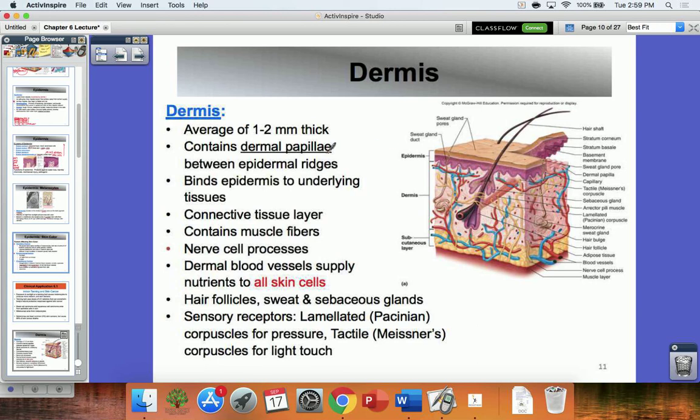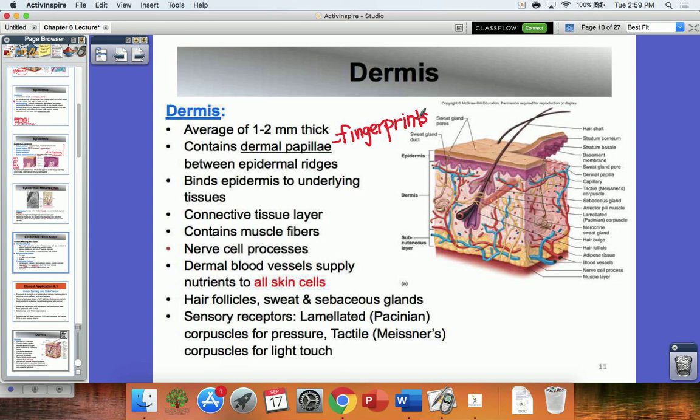Dermal papillae are the projections of the top of the dermis, and they're also going to be responsible for producing fingerprints. So those fingerprints are a result of the dermis pushing upward through the epidermis and creating the uniqueness of our fingerprints.